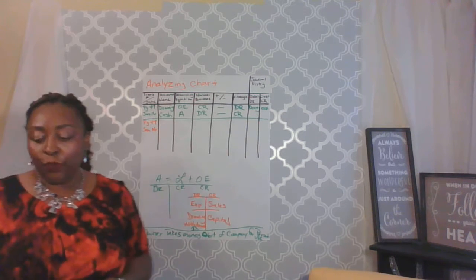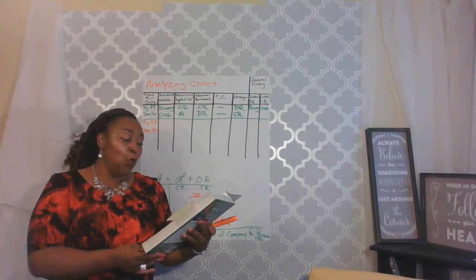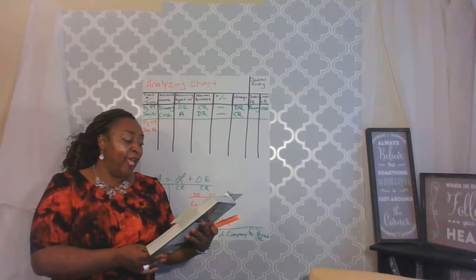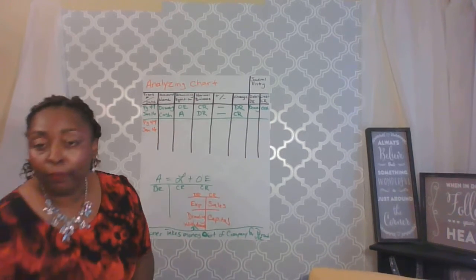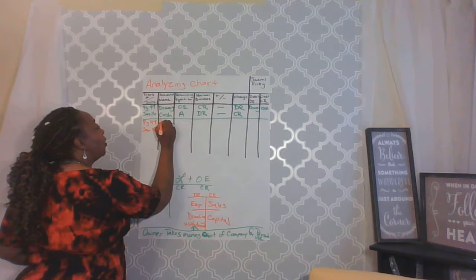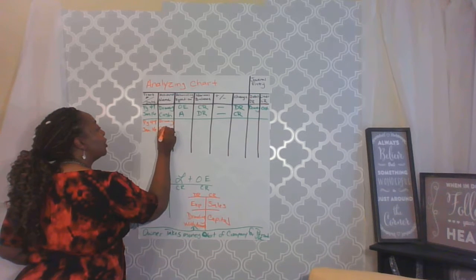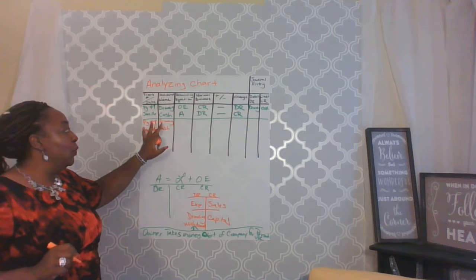The transaction reads, on January 16th, Michael Delgado withdrew equity in the form of cash, $350. Michael Delgado is the owner. We know the two accounts affected are drawing and cash.